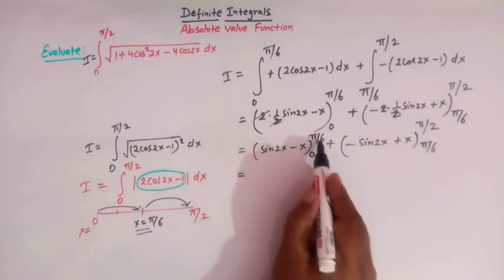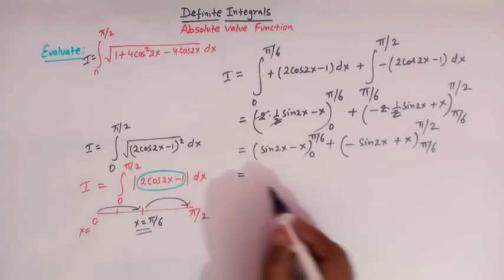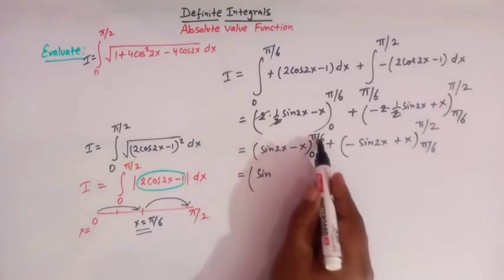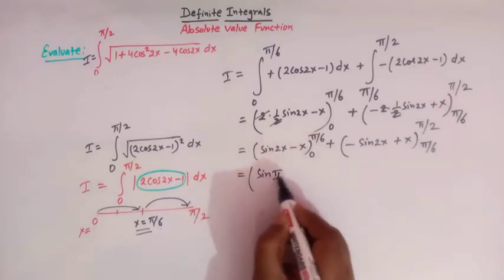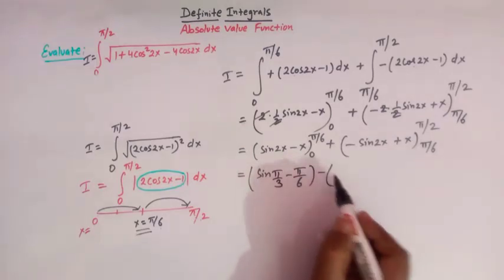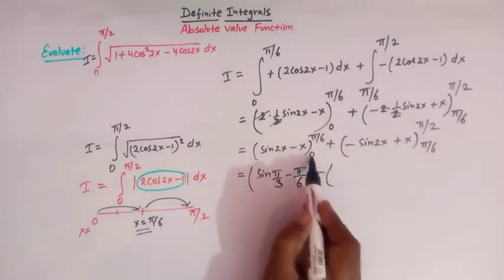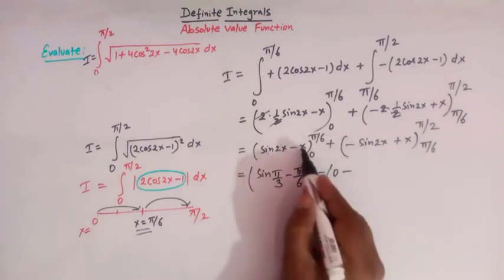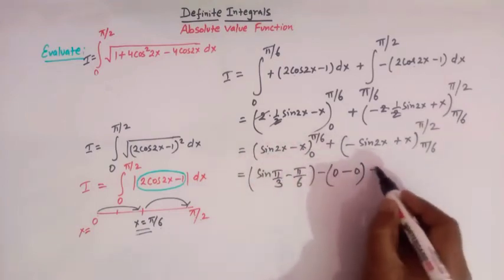Now we'll simply substitute the limits and we'll take the difference. So we have sine, here x is pi by 6, so we have sine pi by 3, then we have minus pi by 6 here, and when we take x equal to 0 over here, sine 0 is 0 and x is 0, right?